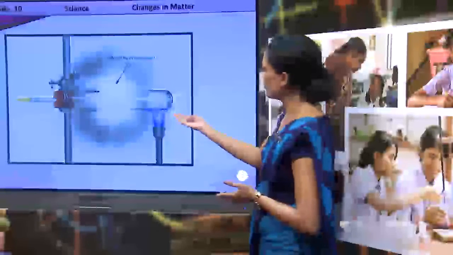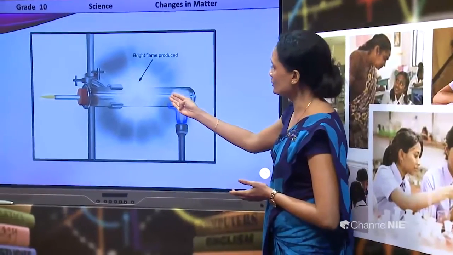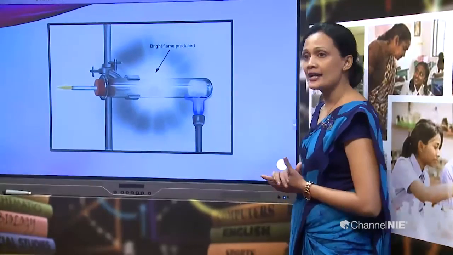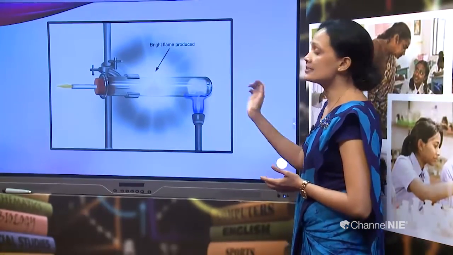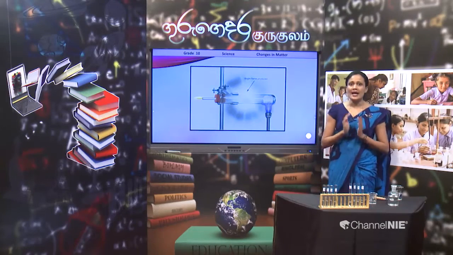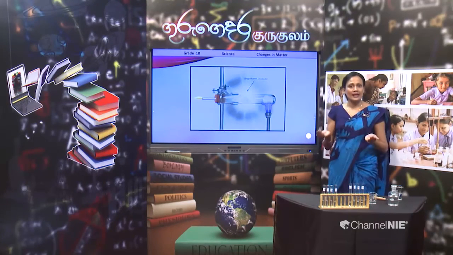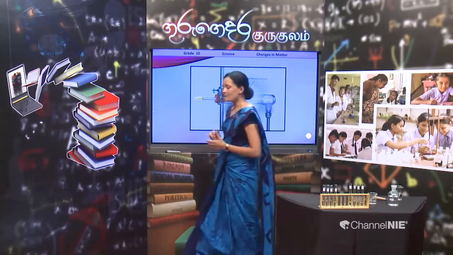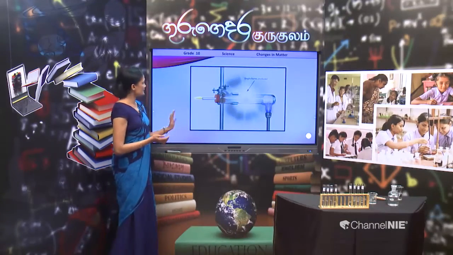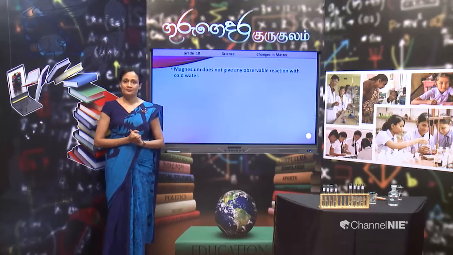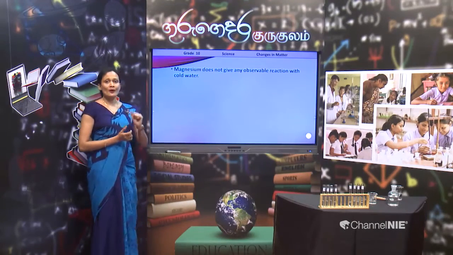When we heat it, steam is produced and the magnesium ribbon inside reacts with the steam. In the same manner, we can do the activity to check how the other metals react with the steam. Okay. Now I am going to explain these experiments that we did.